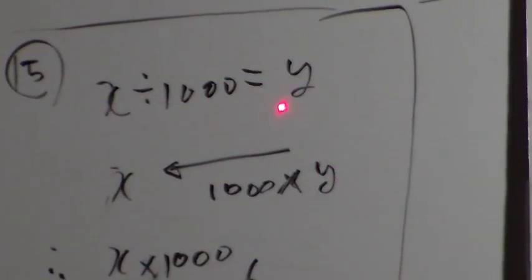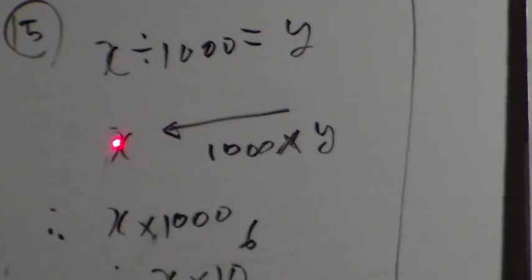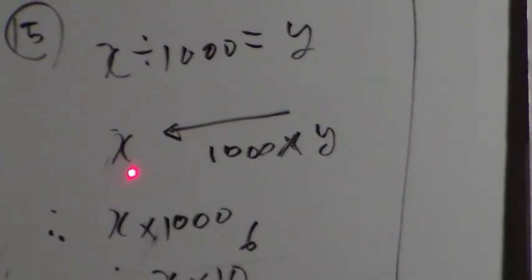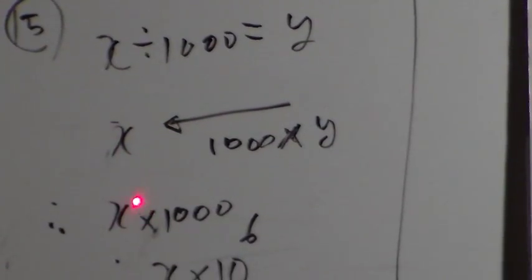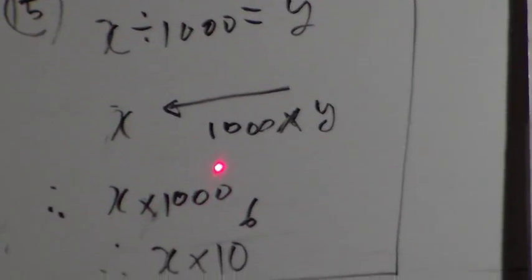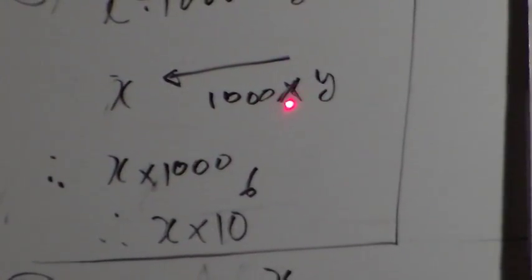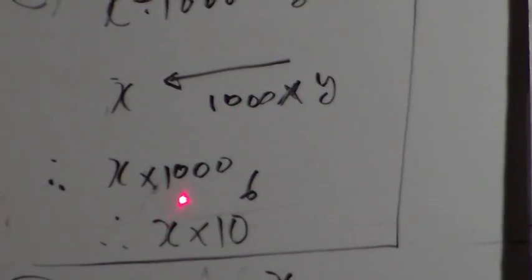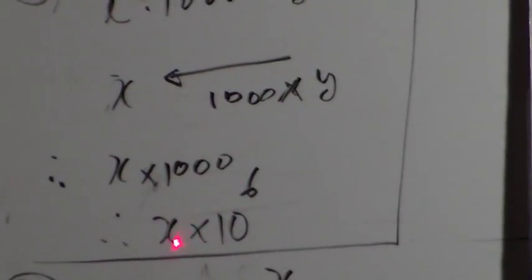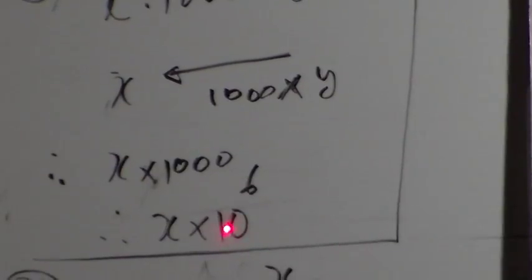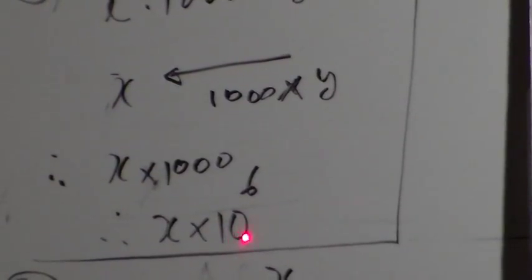So y times 1,000 is back to x again. Then the original plan was from here to times 1,000 again. So we have to do 1,000 again. So total it has to be 1,000 the first time, another 1,000 this time. So total is x times 10 to the 6th power. You have to do it.